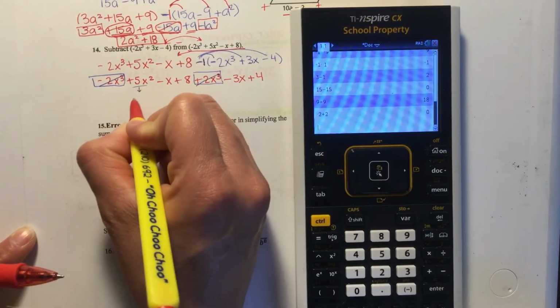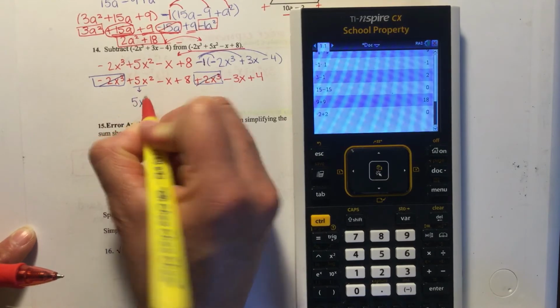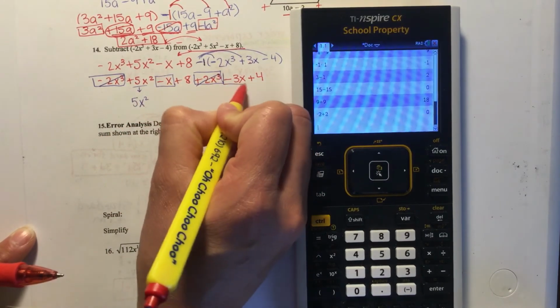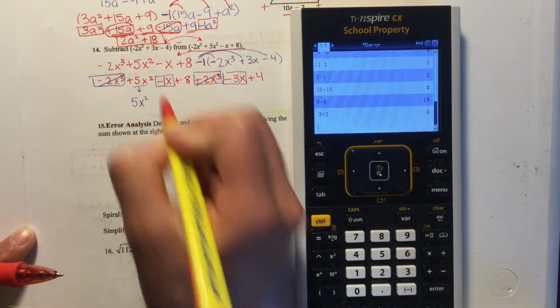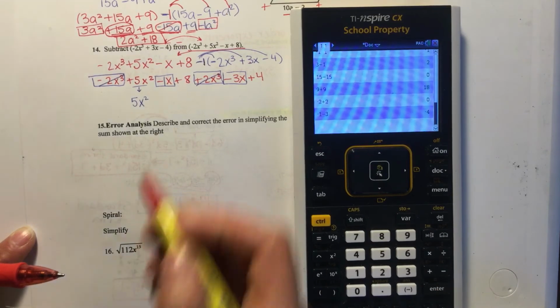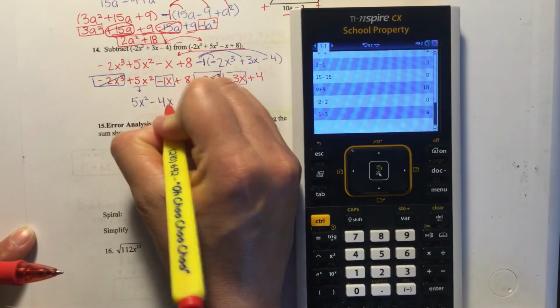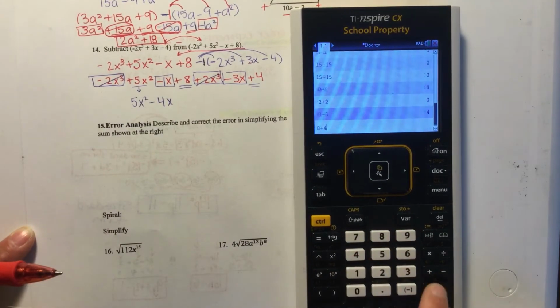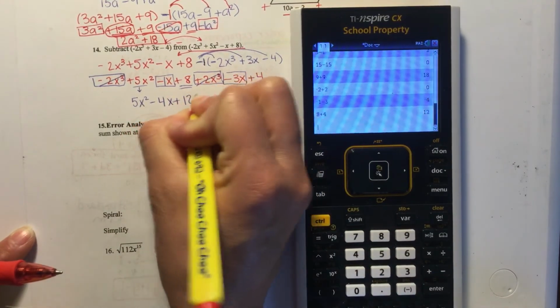Nothing, so I just bring it straight down. 5x squared. Now I need to find all the like terms with a negative x and a minus 3x. So this is a negative 1 minus 3, negative 4x, and then I'm taking a positive 8 plus 4. 8 plus 4 is a positive 12.